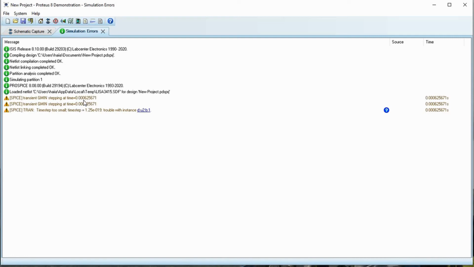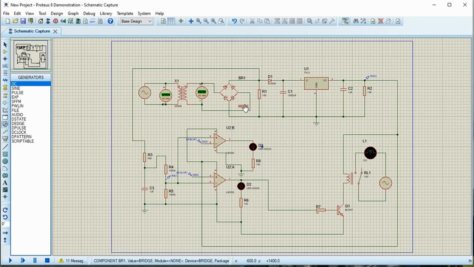It's happening at the startup, as soon as you give the power. So I thought that when this is powering up, my voltage has not built up, and during that initial transient state it was not able to simulate it.